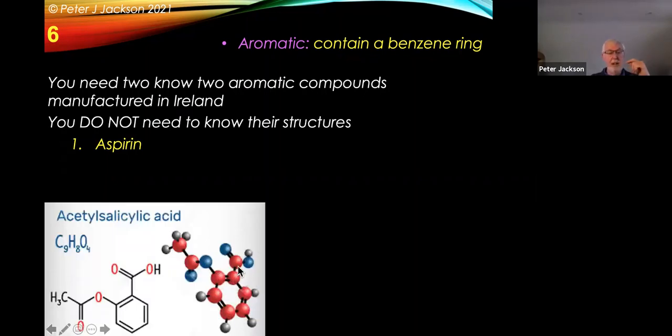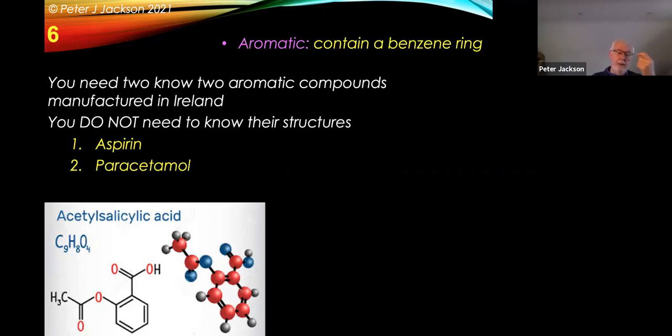In this case, the carbons unusually are shown in red. There's its molecular formula, C9H8O4. But we see here, this symbol here, this hexagon, that means it's a benzene ring. It contains a benzene ring, therefore it is aromatic.